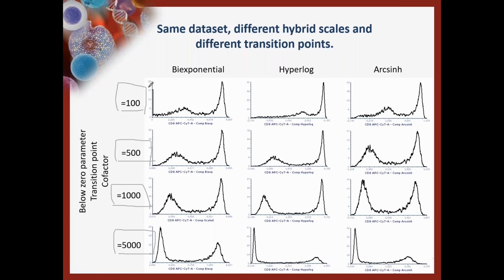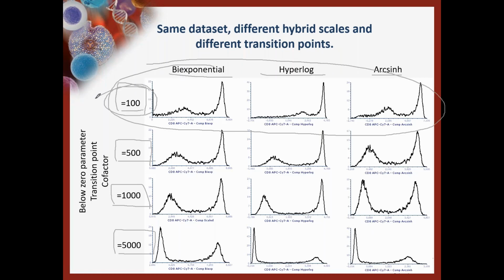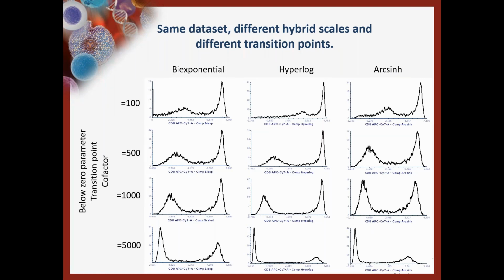If you look at this, you can see that, for example, all those three, b exponential, hyperlog, arcsine H, with this transition point are not really good, because the negative peak is not really visible.